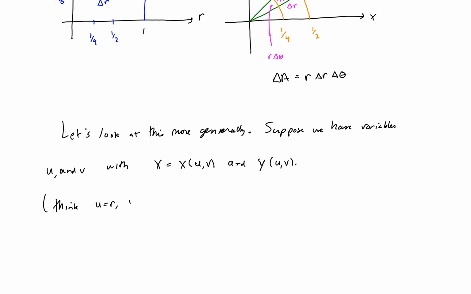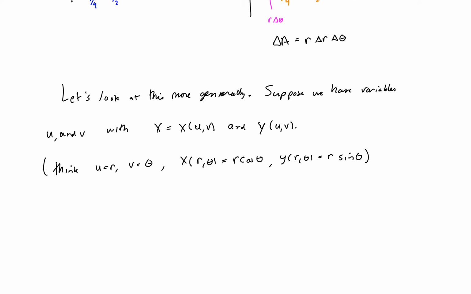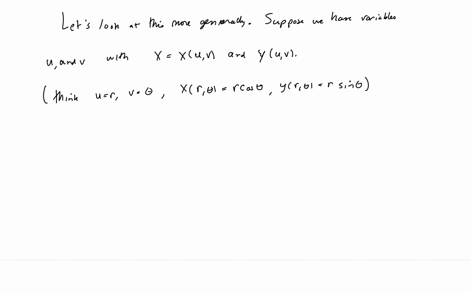If we took r and theta, then x of r theta is just r cosine theta, and y of r theta is r sine theta. So this is just making it more general, where we're using u and v and not fixing it to be r and theta, so we can use other variables as well.